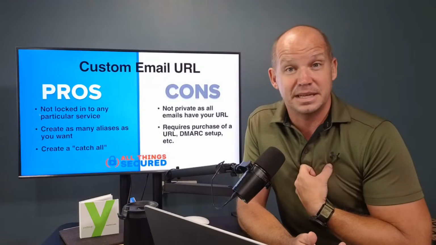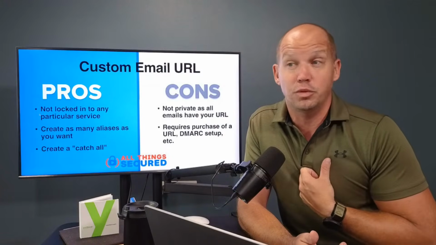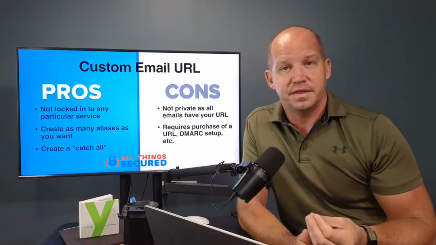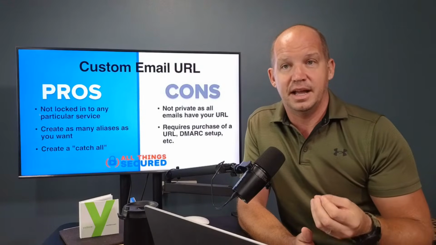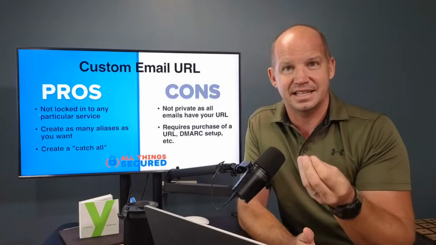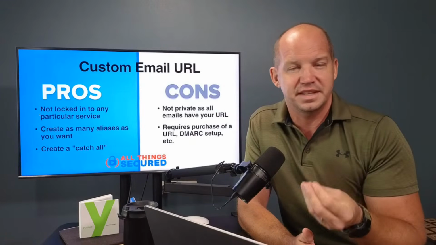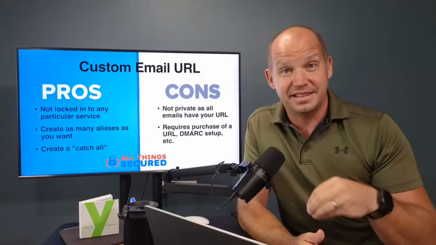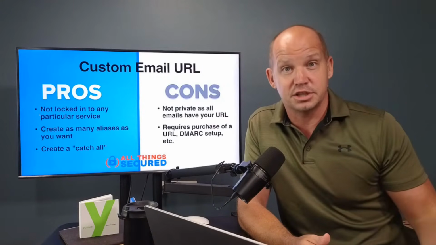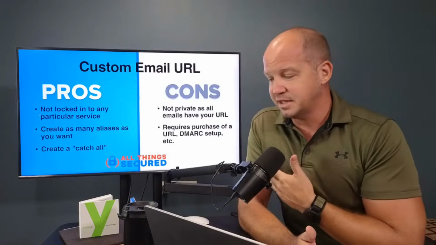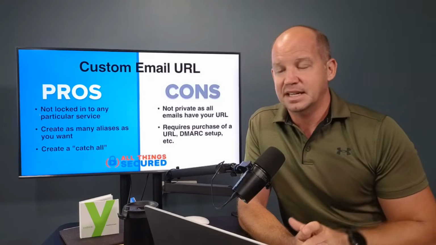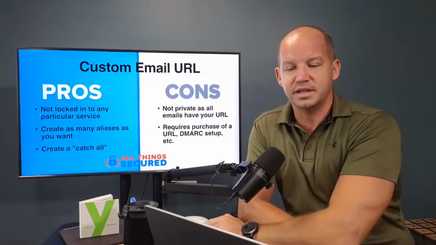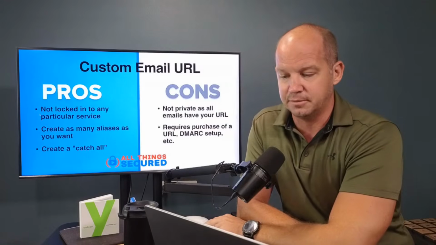I've had to set that up for myself on All Things Secured to make sure that nobody could email my audience, you guys, using the All Things Secured email. And DMARC is what protects that. It's the bouncer at the front door of the email inbox to make sure that you are who you say you are, and that this email actually comes from Josh. So setting that up, I've got videos on this channel that explain all of that, but that's not the most intuitive thing to do. So that would be one con of using a custom URL.